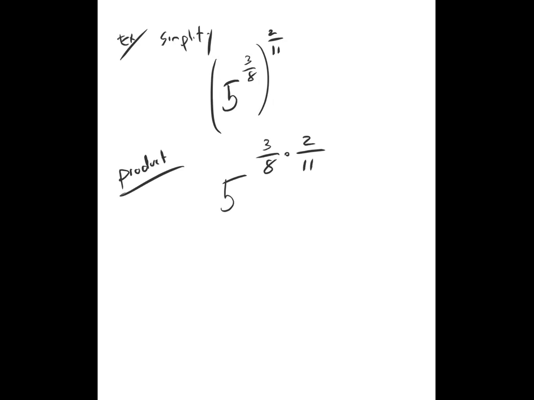Now from there, you just go ahead and simplify this, right? You're multiplying fractions, so you can do some cancellation. 2 and 8 are both divisible by 2. That's a 1, and that's a 4. Right, so we get 5 to the power of 3 over 44.